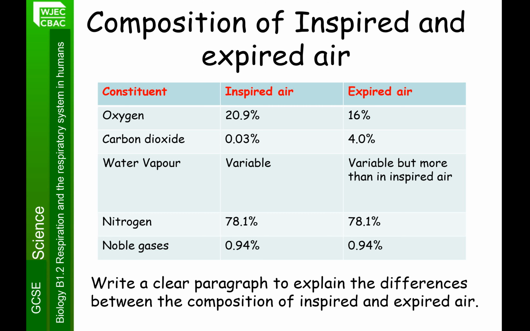So why is there less oxygen in the air that we breathe out? Well, we use the oxygen in the process of aerobic respiration, and we make the waste gas carbon dioxide. This explains why it goes from 0.03 to 0.04% in inspired air to suddenly 4% in expired air. This is because it's been made in respiration.